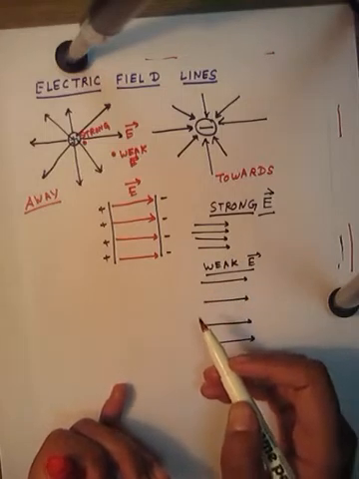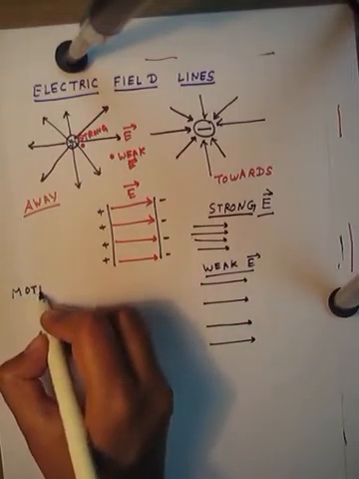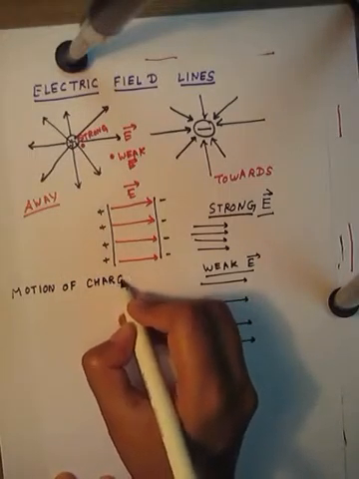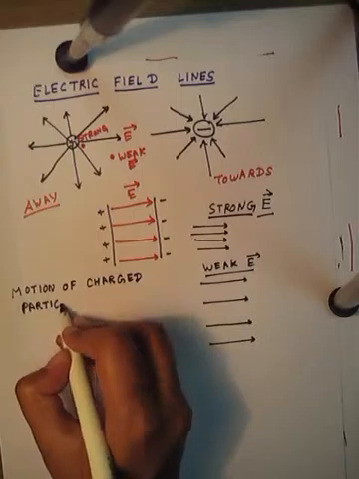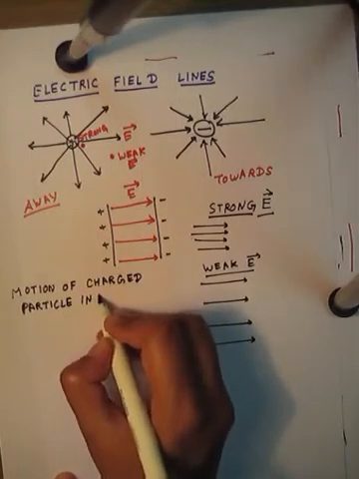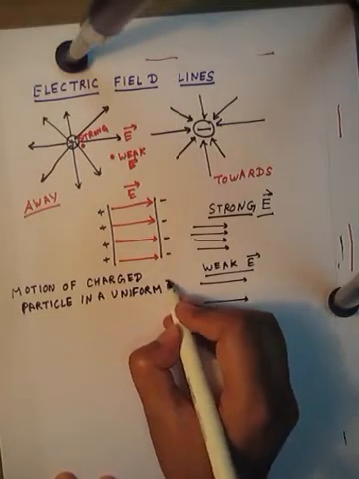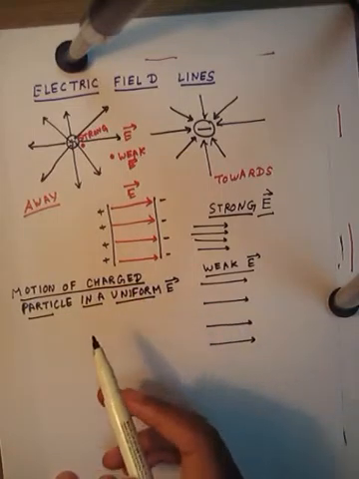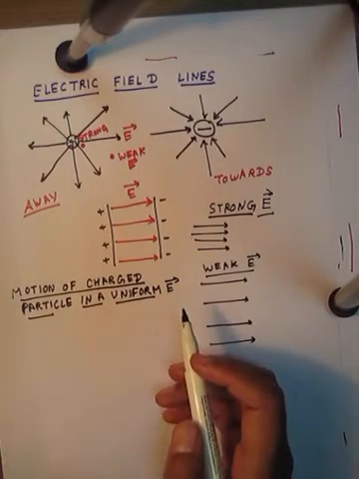Based on this, let me also tell you about the motion of charged particles in a uniform electric field. If we have a uniform electric field and a charged particle entering that field, what will happen?